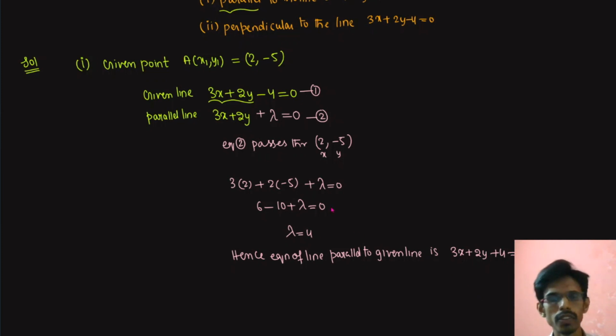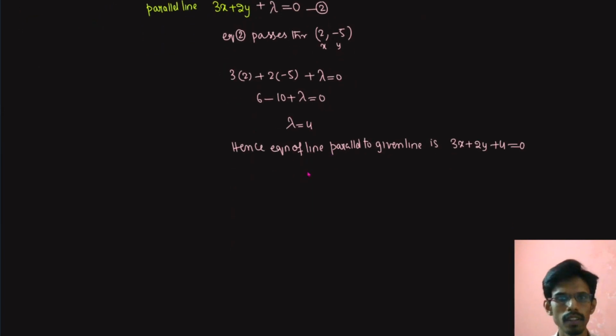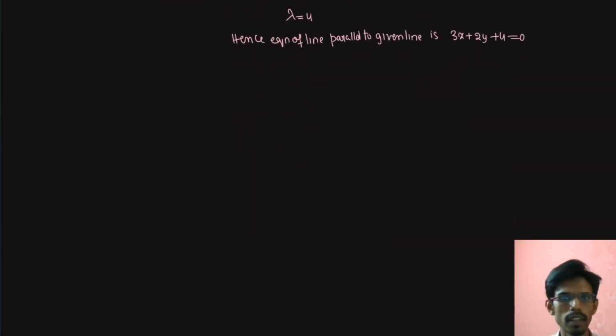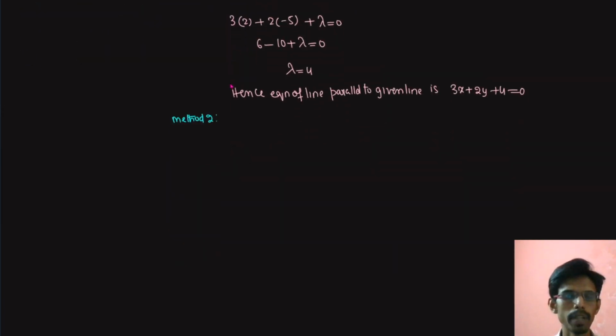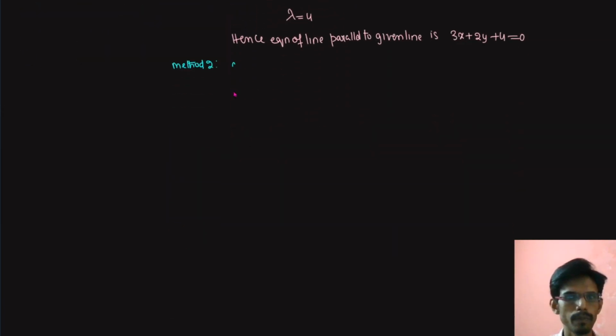Okay, this is the answer. Now the same question can also be solved in a different way, right? Let me solve it in another way. Let us name this method 2. Here let me write down the given line first.